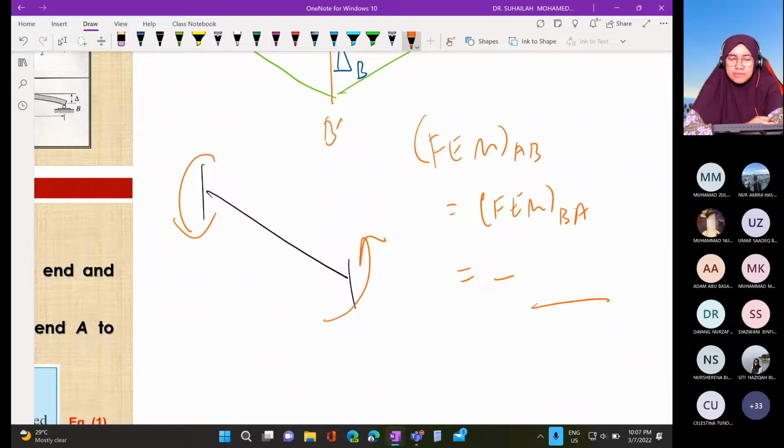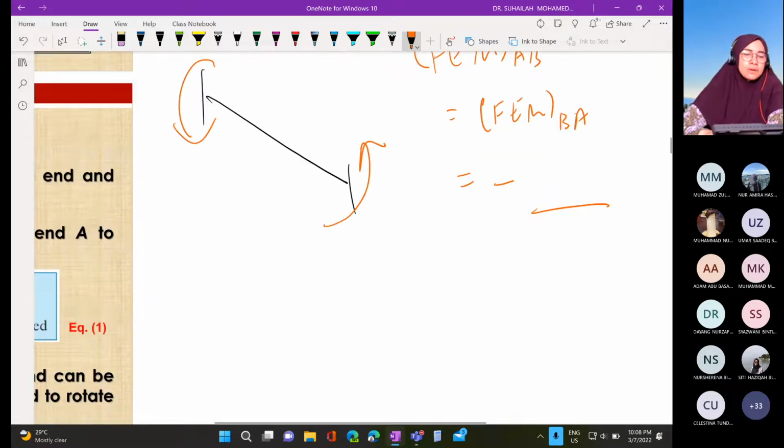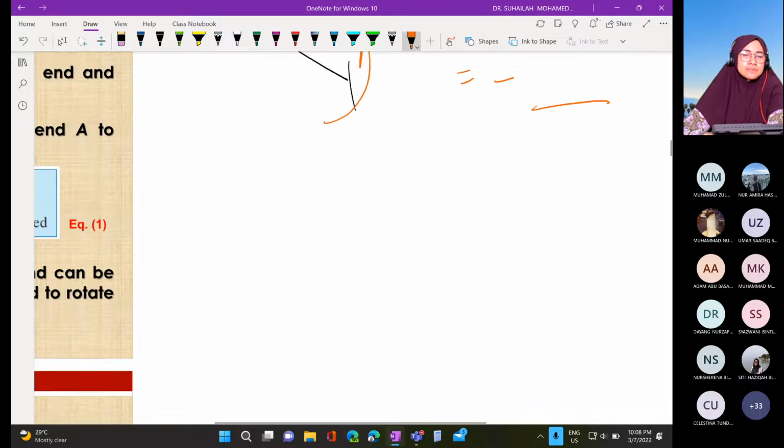It cannot be positive, because if we apply positive, it represents a different behavior. If we apply positive, positive means for BC.